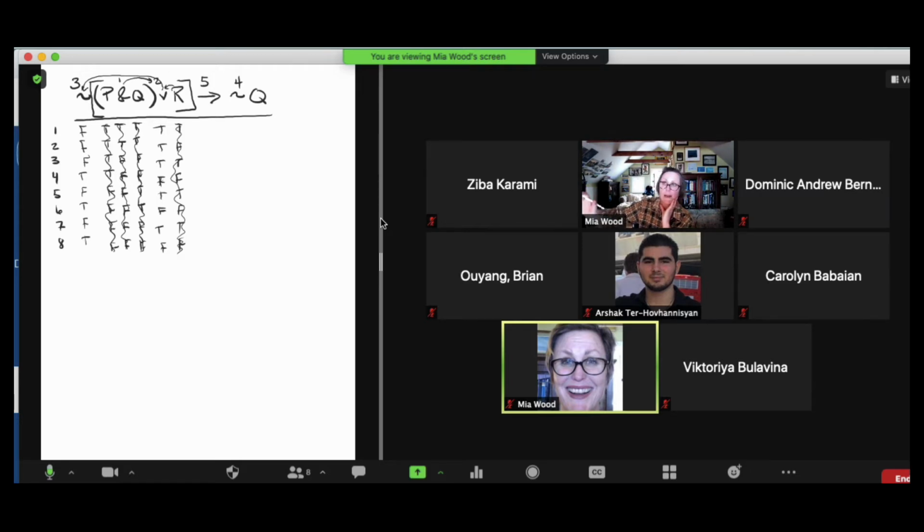Because now we've taken care of the left side of the conditional. Now, here's something for you to think about. Knowing what the truth definitions of the conditional are, when you see on rows 1 through 3, 5, and 7 that the value is false, you know that the conditional is going to be true.